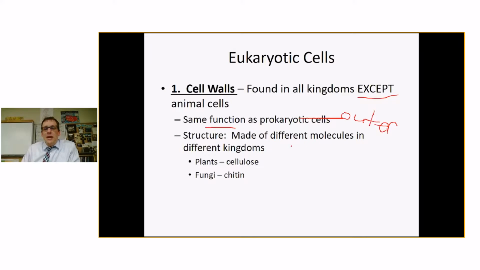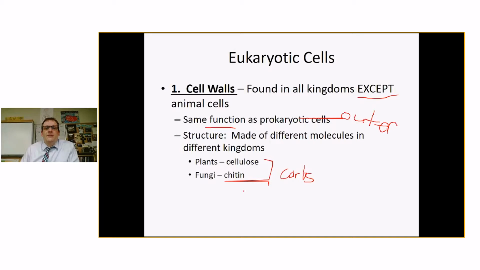And it is made of different things in those different kingdoms, though. Both of these here are in fact carbohydrates. So both cellulose and chitin, those are words we talked about a little bit in the last unit. Those are carbs, okay? But cellulose is a specific type of carbohydrate we find in the plant kingdom and plant cell walls. And chitin, that word is not pronounced "chitin," it's pronounced "kye-tin."